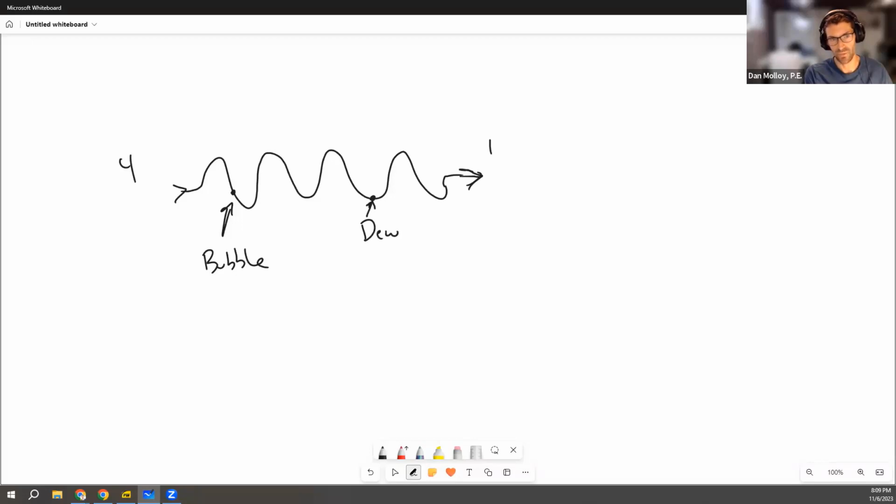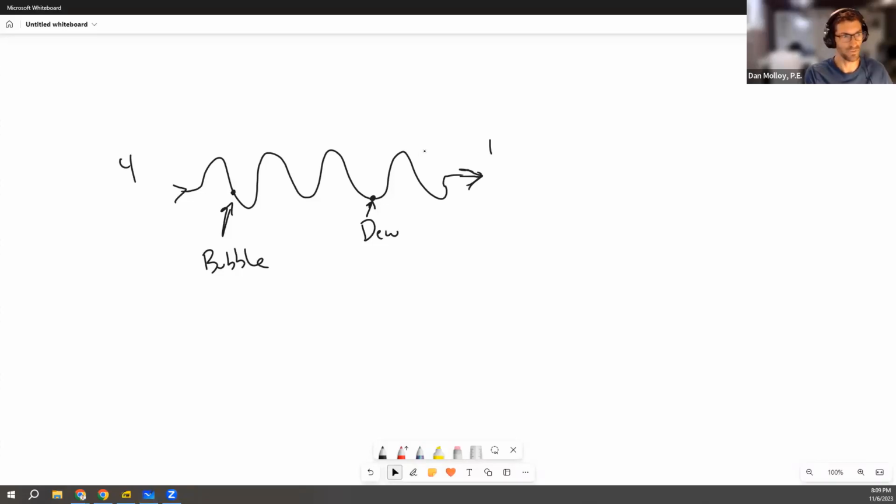And then there should be some amount of superheat, because we don't want to finish the evaporator without being beyond the right side of the saturation curve, or at least at the right side of the saturation curve. So there'd be a little bit more distance in the evaporator coil after that point.